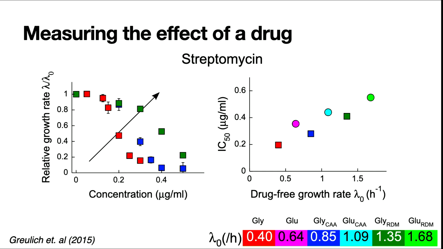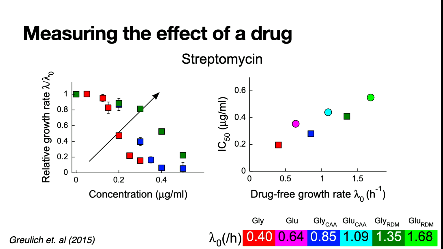Focus just on one color for now, for instance the red one. You are here, and then you increase the concentration, which is how many micrograms you put per milliliter of your culture. You see that the growth rate of the cells decreases, right? So each point represents an experiment where you put your bacteria and some concentration of the drug, and then you have these bacteria growing over time, and you measure the slope, and this is lambda.